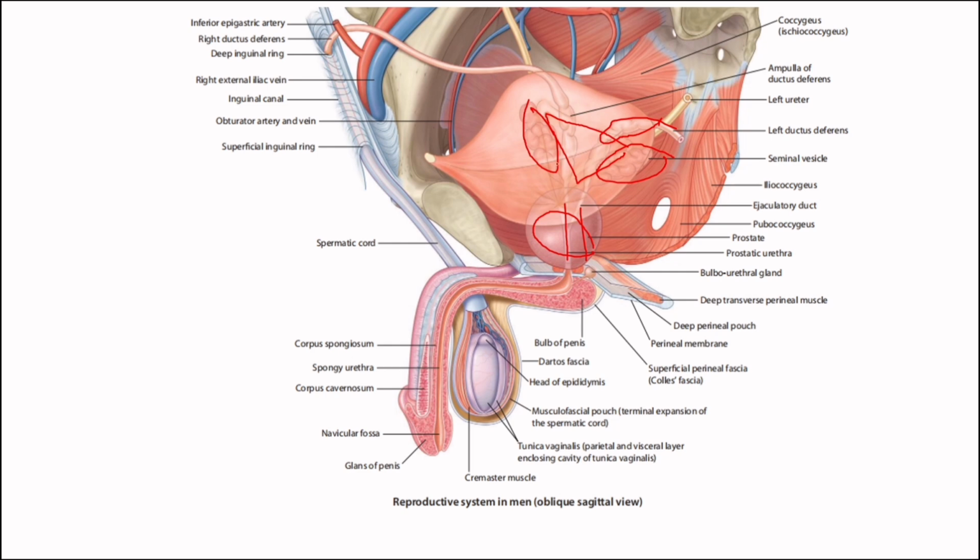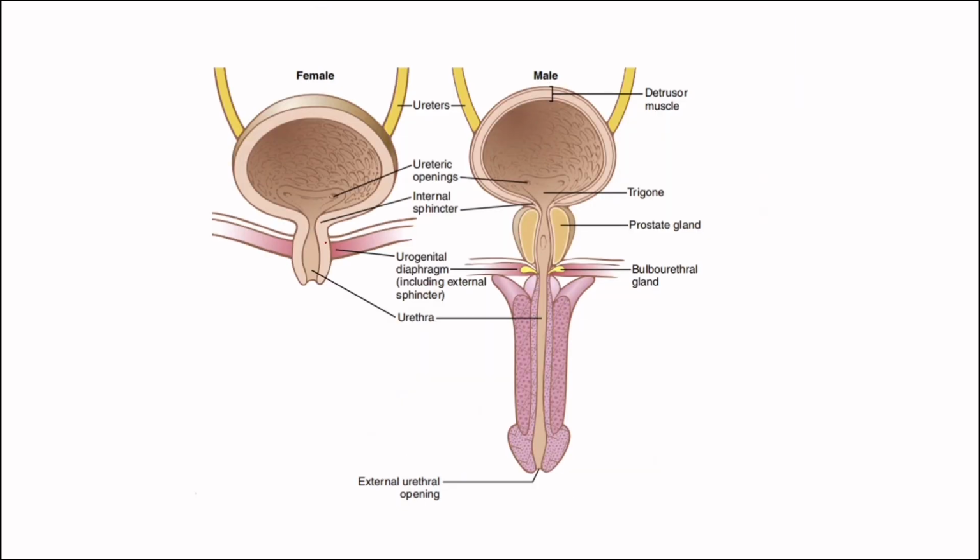These unite to form what is called the ejaculatory duct. The ejaculatory duct combines with the neck of the bladder to form the prostatic urethra. We'll talk more about this when we talk about the prostate gland.